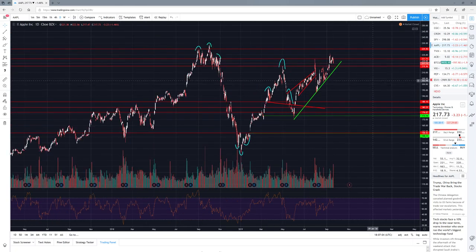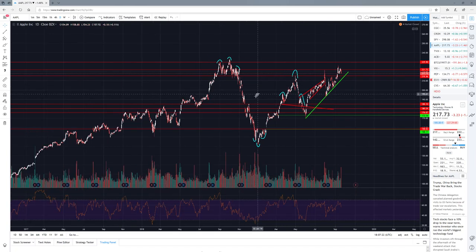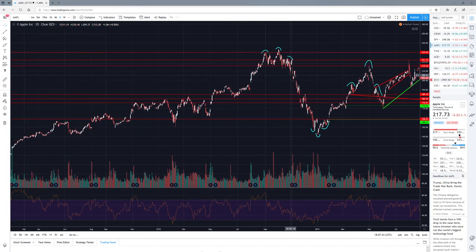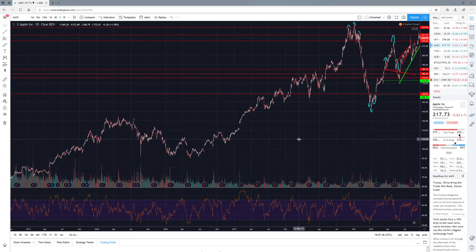It's honestly amazing for traders, terrible for longs, because they're just panicking. They have no idea what the hell they're doing. But these swings are insane. You could make money on so many stocks right now. It's incredible.